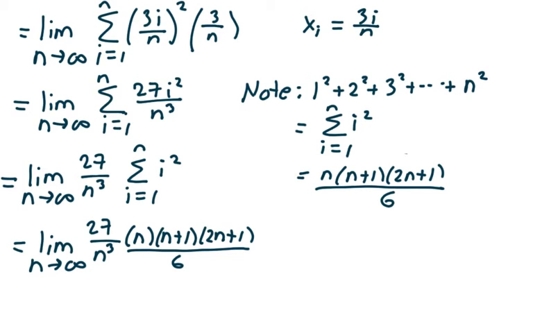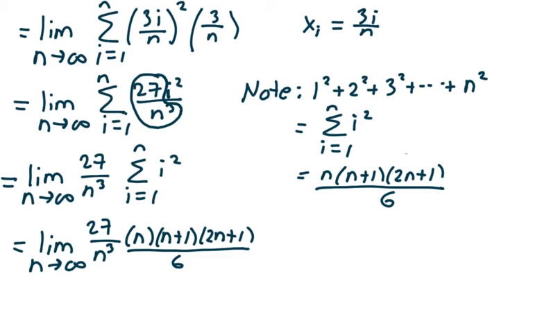Now, here's what we want to be looking at. We're summing on the i, which means that 27 over n cubed is behaving like a constant, and that allows us to pull it out in front of the sum.